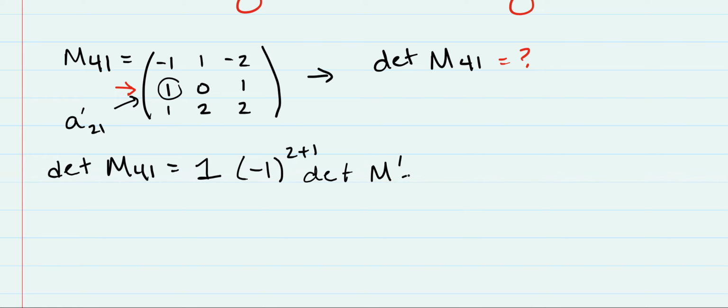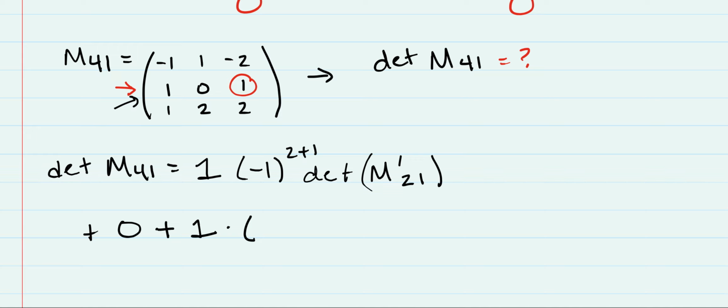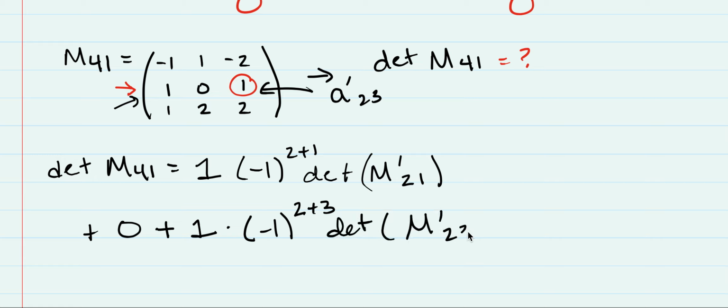This is minor M21, plus 0, and we don't need to worry about what we need to multiply it by, plus then we need to take this one, which is 1 times, this is the A prime 2,3 spot. So we need negative 1 raised to the 2 plus 3 times the determinant of M prime 2,3.